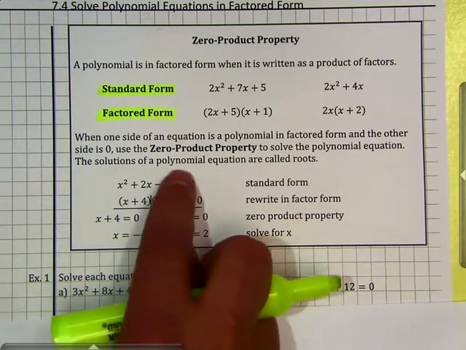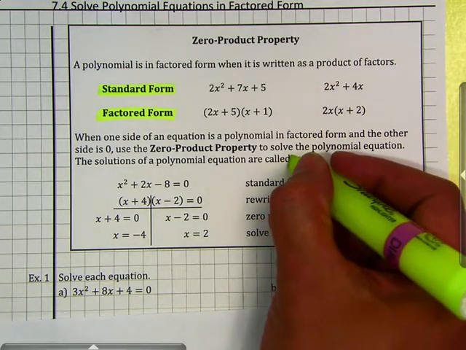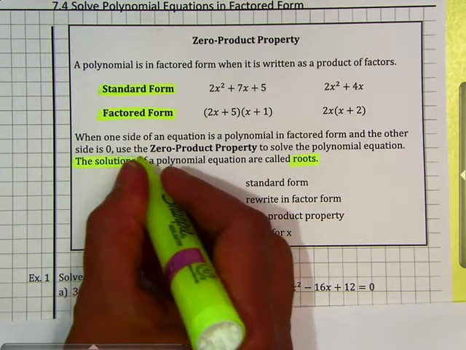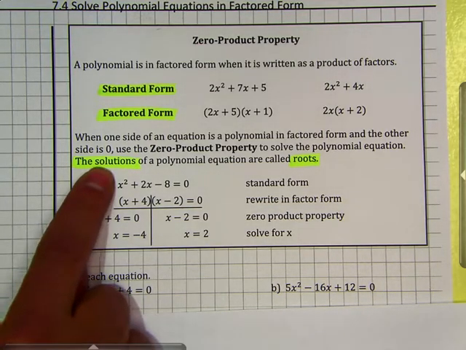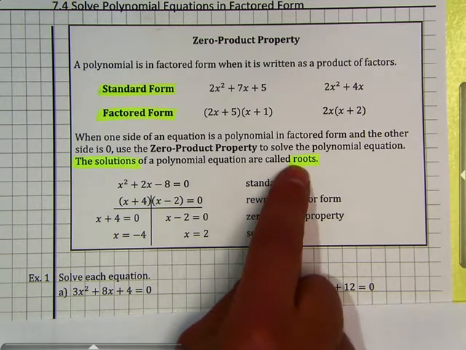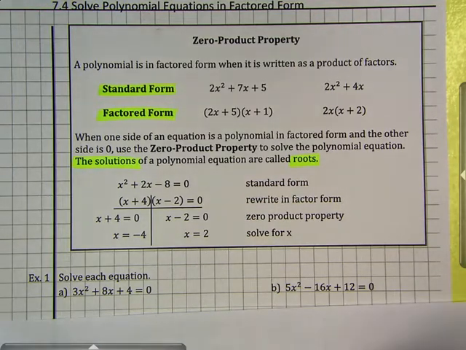The solutions of a polynomial equation are called roots. So roots are going to be the solutions. In Algebra 1, sometimes you say the solutions, sometimes you call them roots, other times you call them zeros, but it'll be exactly the same thing. Sometimes we call them x-intercepts, which is the same thing.